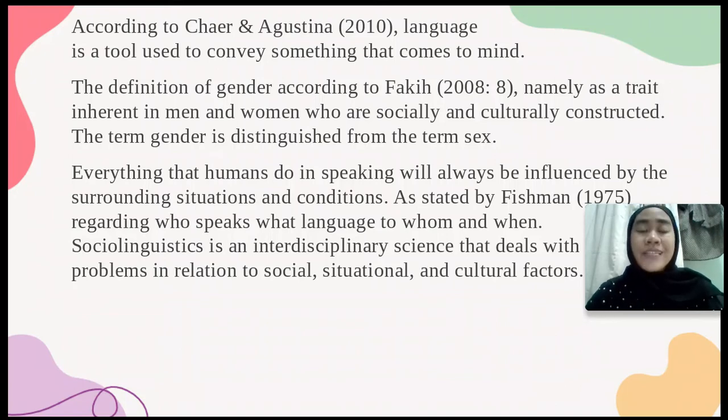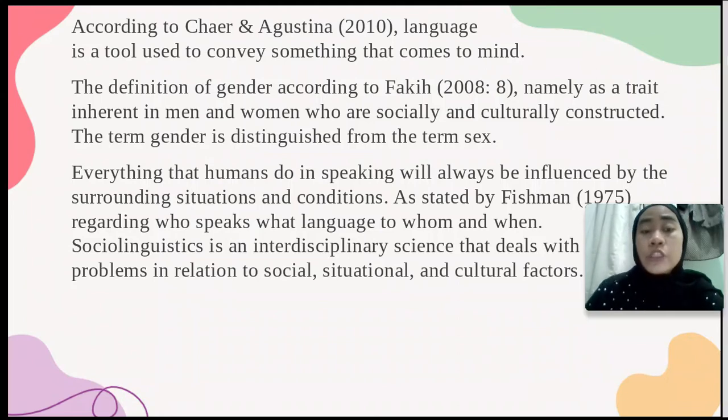The term gender is distinguished from the term sex, and everything that humans do in speaking will always be influenced by the surrounding situations and conditions, as stated by Fishman 1975, regarding who speaks what language, to whom and when. Sociolinguistics is an interdisciplinary science that deals with problems in relation to social, situational, and cultural focus.